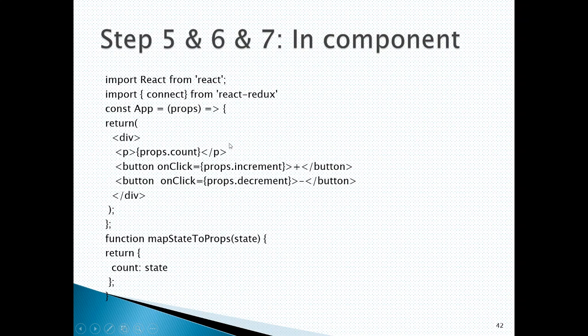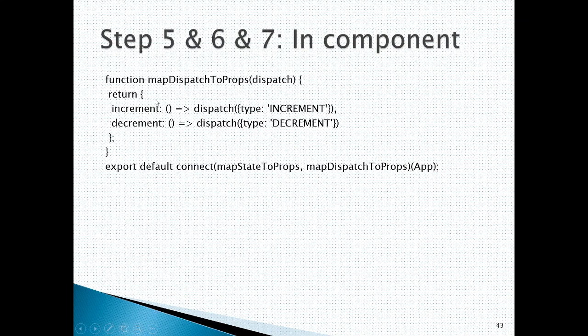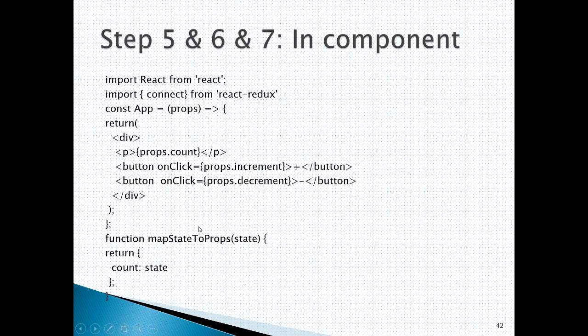So on this basis you are calling an action. In increment we are calling dispatch type increment, and in decrement we are calling dispatch type decrement. So for mapDispatchToProps, there are two steps. We have converted our states to props using this function.